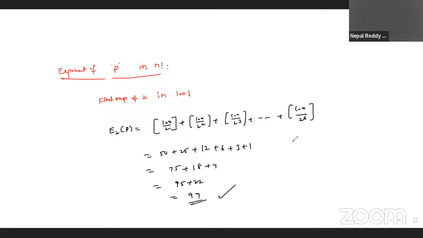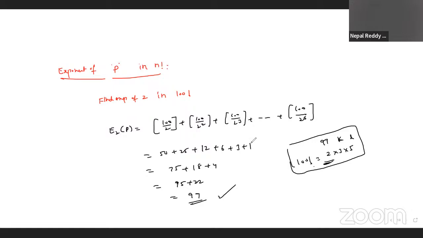Therefore, the exponent of prime number 2 in 100 factorial is 97. So in 100 factorial, it is 2 into 3 into 5 into something, but the exponent of 2 must be 97.